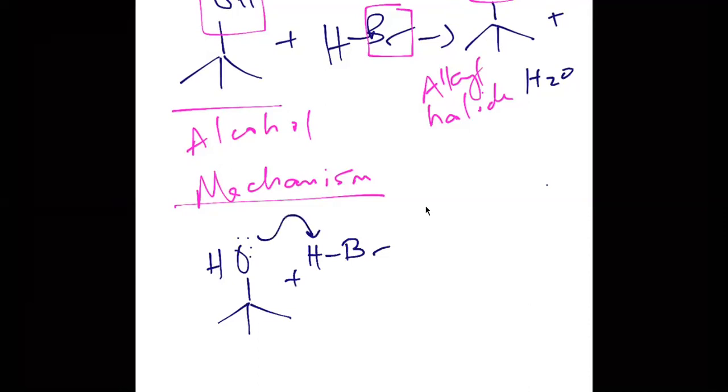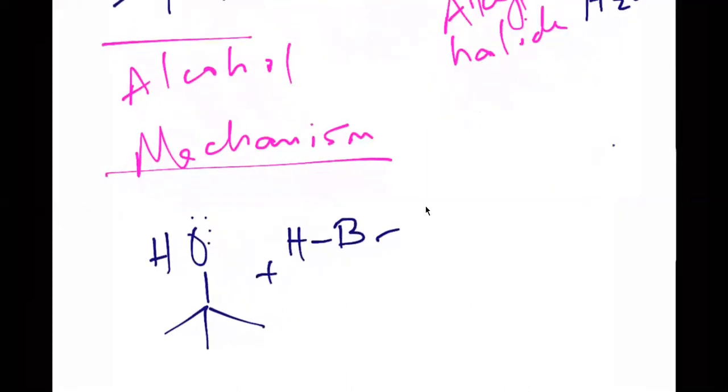And notice my arrow. It's a double-headed arrow, not single-headed, and it's coming from the lone pair on oxygen and stopping at the hydrogen. All of that matters, because if you have the arrow starting and stopping anywhere else, then that's not correct.